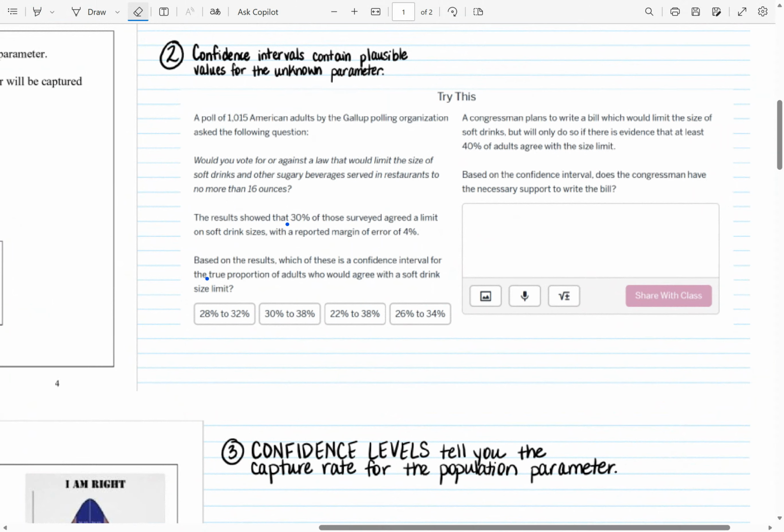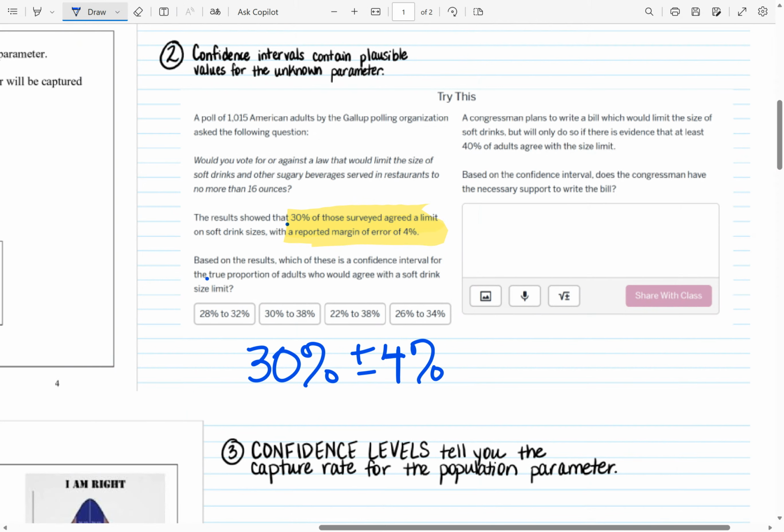So they found some results. The results show that 30% of those surveyed agreed to a limit on soft drinks, with a margin of error of 4%. So they had the 30% as their point estimate, and then they're going to add and subtract 4%, the margin of error.